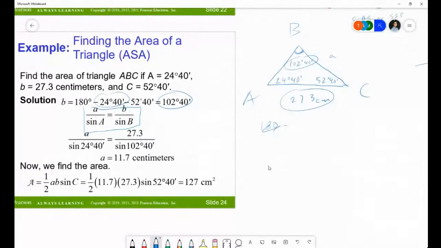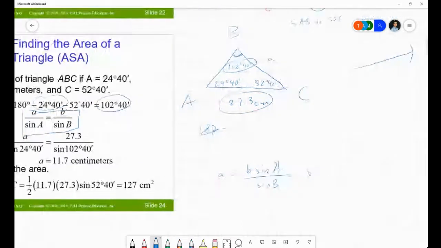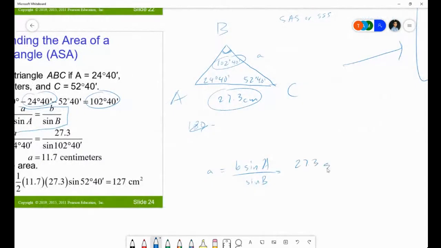And then to solve for A, we take B times sine A divided by sine B. So we already have B is 27.3, times sine A, which is 24 and 40, over sine B, which is 102 and 40. And A, they got 11.7 centimeters.